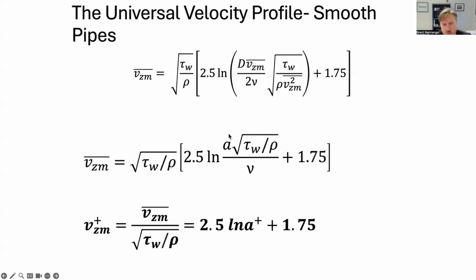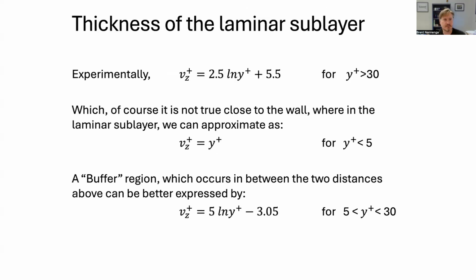You can go back and look at the equation for dimensionless distance, going from y plus to y, and you'll see that these are the same thing, but we're using a, the total radius of the pipe, instead of y. So this is how we can go back and forth between dimensionless mean velocity and real mean velocity. Very similar to VZ, except this was y plus and this was 5.5 instead of 1.75. And we'll see how we handle that in the examples later.